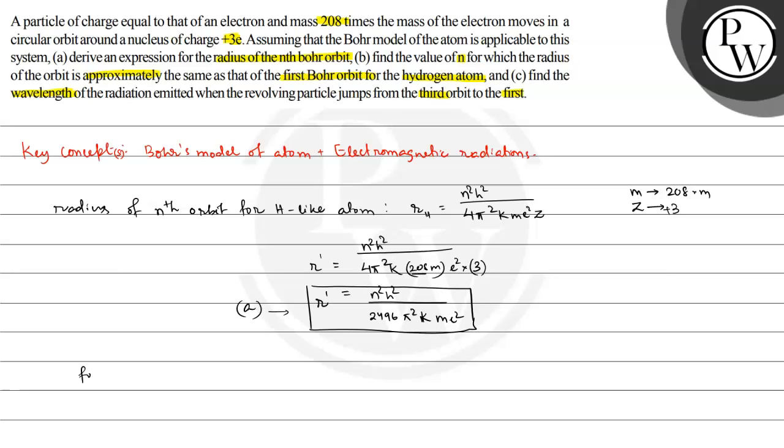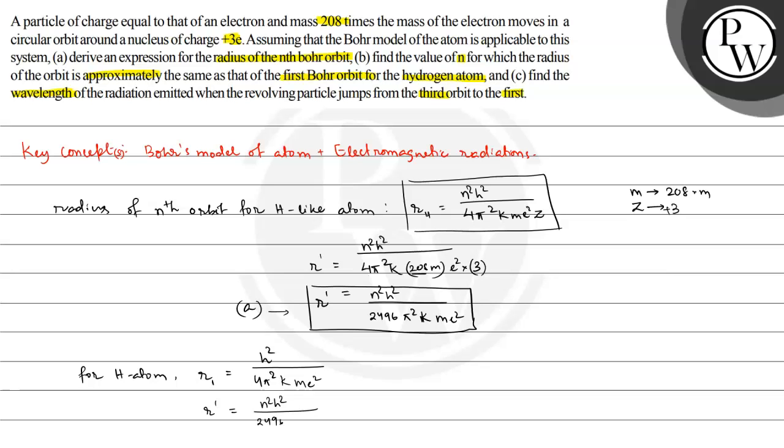Now for H atom, the radius of first Bohr orbit, suppose r1, we have to look at this expression, R_H is equal to n square h square by 4 pi square k m e square z, and for first Bohr orbit n is equal to 1 and for hydrogen z is equal to 1, so this is h square divided by 4 pi square k m e square, and for this particle we found out that r dash is equal to n square h square divided by 2496 pi square k m e square.